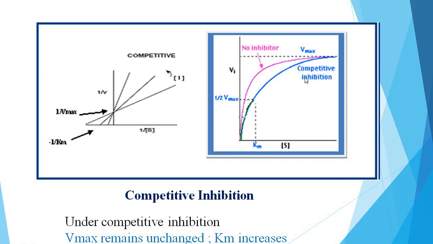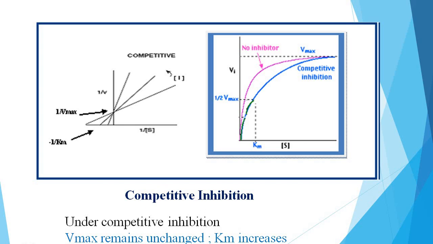So, this is the graph, and with this graph we can observe that under the competitive inhibition the V maximum remains unchanged, but the Km increases. V maximum is the maximum velocity, so we cannot go above the maximum velocity. So, this V max in any type of inhibition either remains unchanged or it gets lowered.